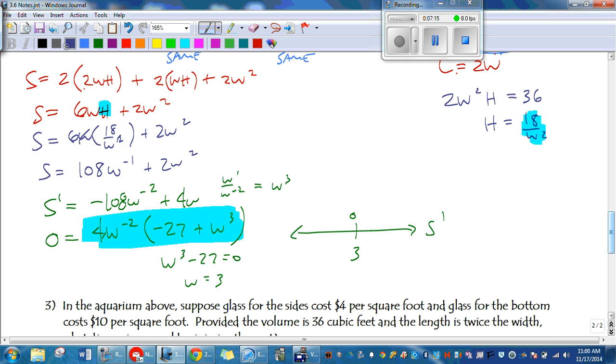If we put negative 1 in, this is going to be positive, because negative 1's getting squared. And if we put negative 1 in here, that's going to be a negative. So positive times negative is negative. If we put 4 in, this is going to be positive, and this one's going to be positive, so that's going to be positive. So we do have a minimum here.